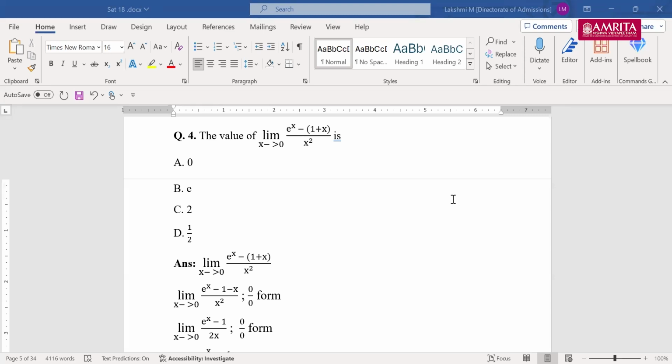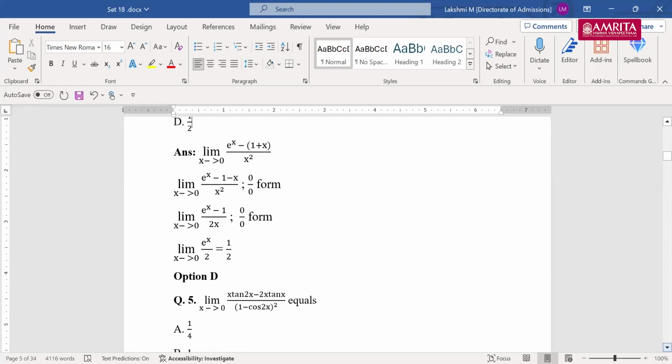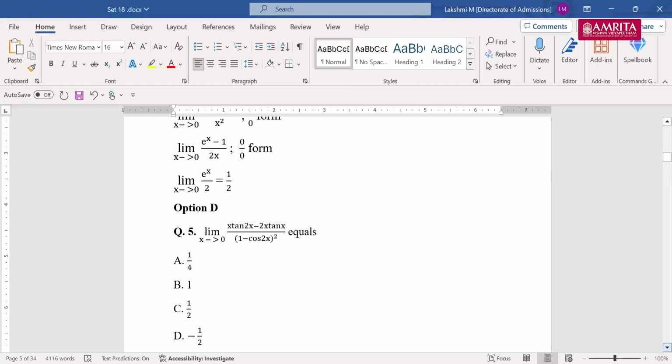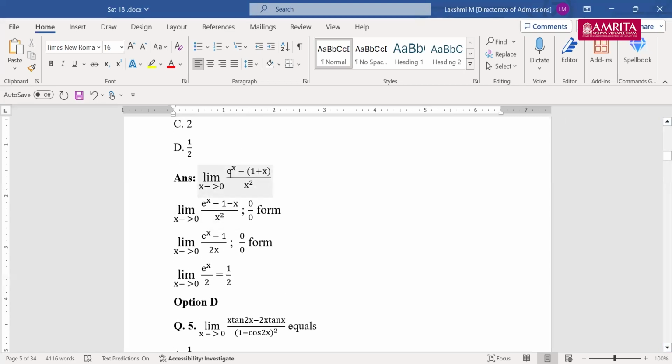Okay, completely fine. Now moving to the next question. Very simple question. When you know the concept, it's really easy to solve it. Now, one more thing I would say for this question, there are different methods to solve this. You can even try the series expansion. That's also very famous. a raised to x, you can write this as 1 plus x plus x square by 2 factorial, x cube by 3 factorial, something like that.